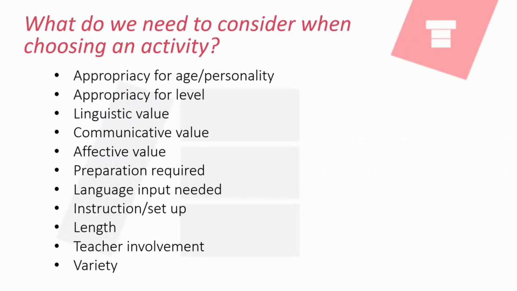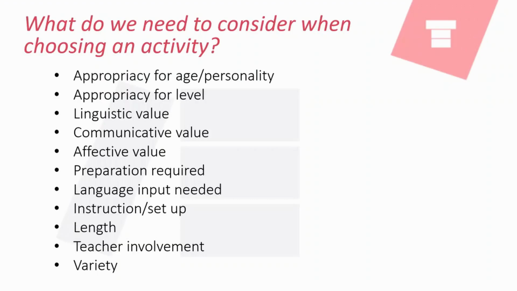What else have we got? Any language input that they need. So, for example, if we're playing hangman, they don't need any language, they can just shout letters out. But if we're playing 20 questions, then they're going to at least need how to ask a yes/no question. If it's some different activity, they might need lots of language.